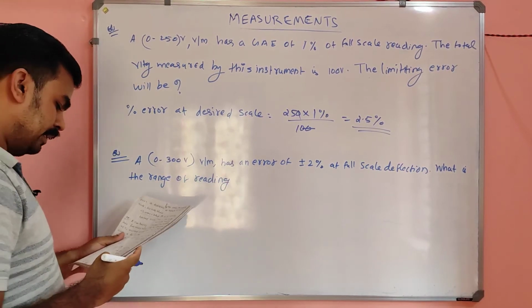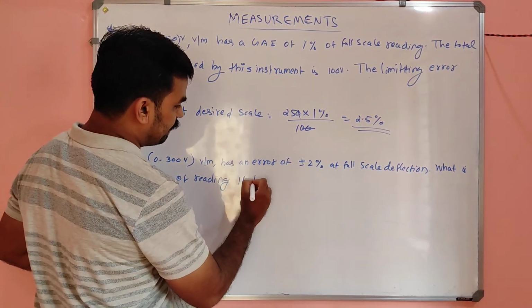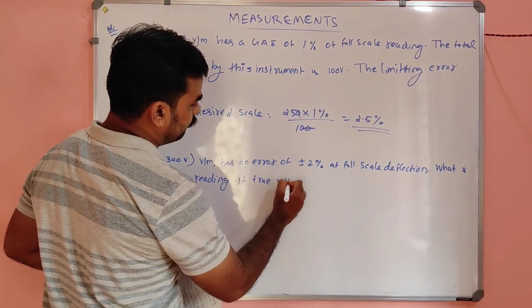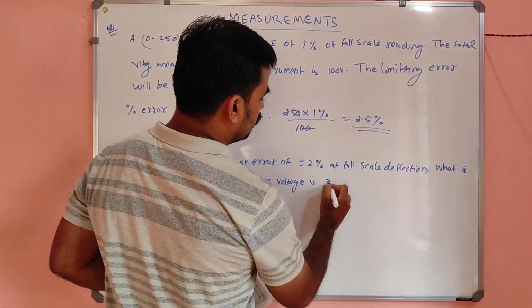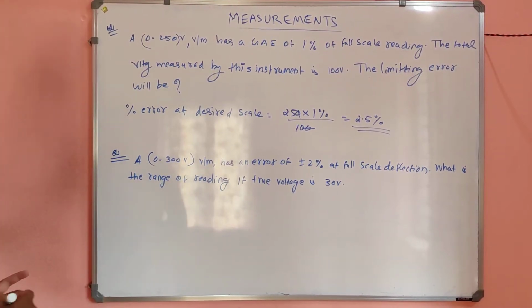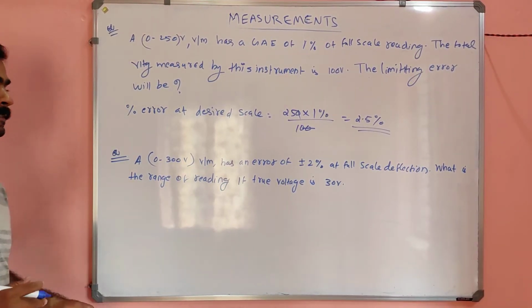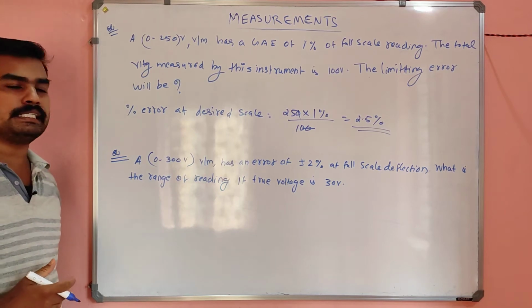What is the range of reading if true voltage is 30 volt? How can we find this? So what is the range of reading if true voltage is 30 volt?